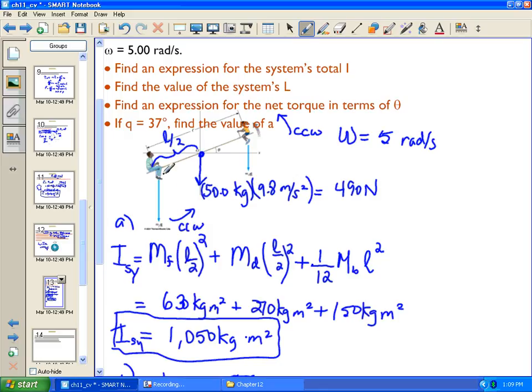So we have to determine, if this is the line of force of the father, the d of the father. We have to determine the d of the daughter, in other words, their moment arms. You can see this is also L over 2. So for the daughter, we have L over 2 cosine theta. See, this is the side adjacent that is perpendicular to the direction of the force.